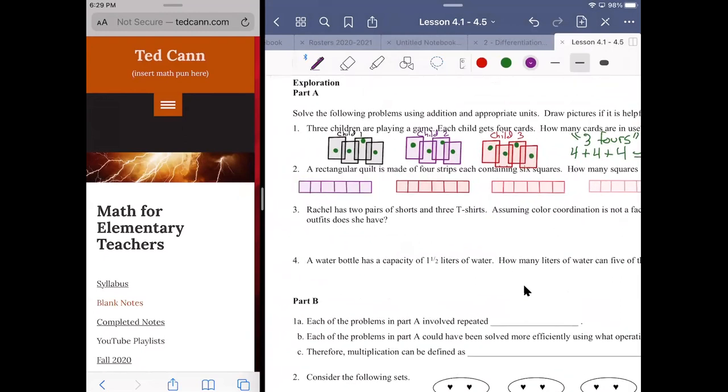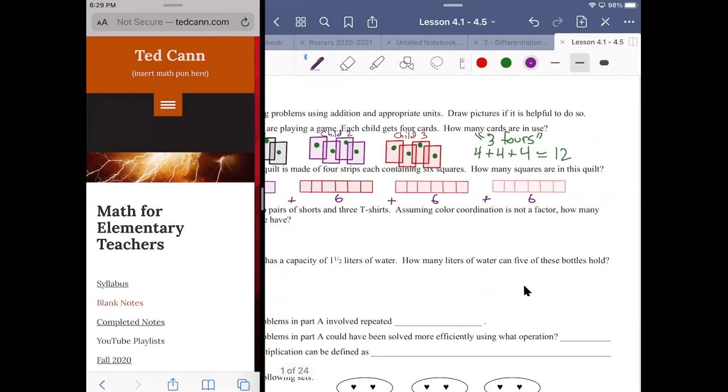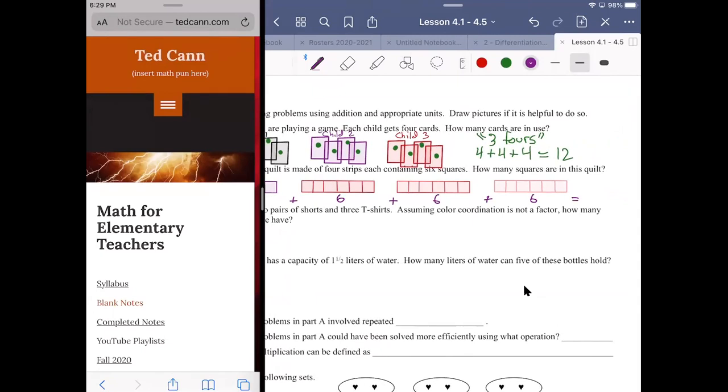So again, it's the same deal. So I'm looking at 6, 6, 6, and 6, and we're adding them up. And that gives a result of 24.